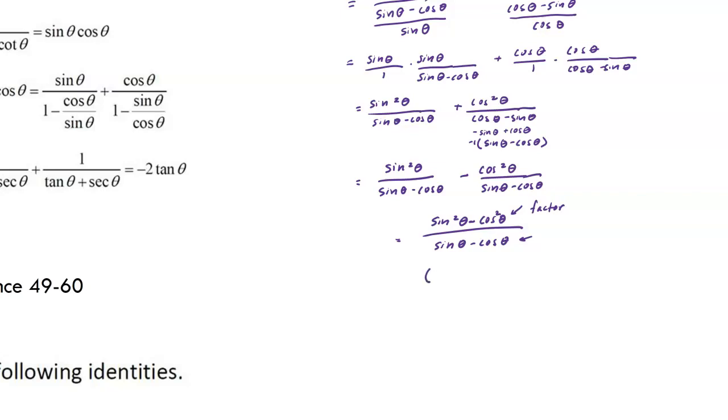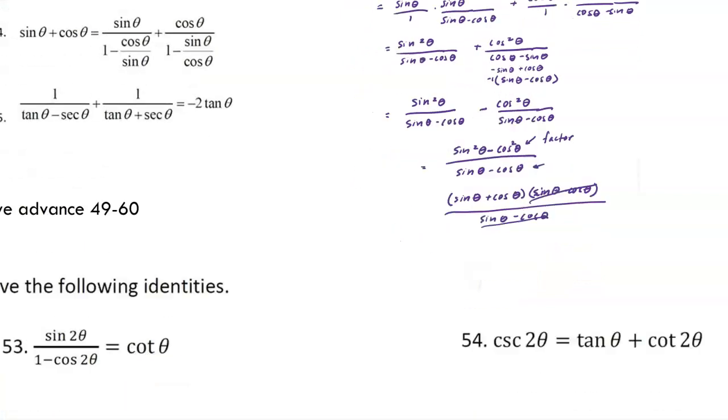So if I factor that as a difference of squares, what you notice is that since sine of theta minus cosine of theta is one of the factors of the numerator, that just cancels out.